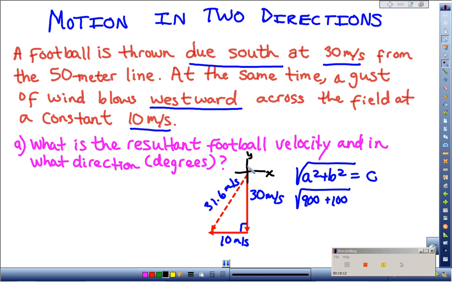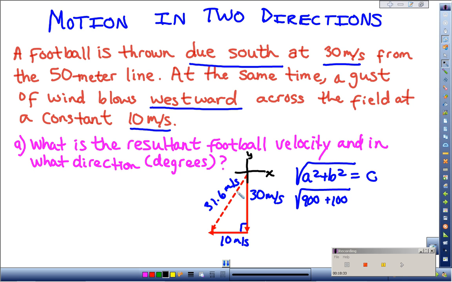If I want to make this measurement from north, I can report that by doing this, and realize that this is 90 degrees and that is 90 degrees, and I only need to find this angle in between and add it. So let's go ahead and do that.